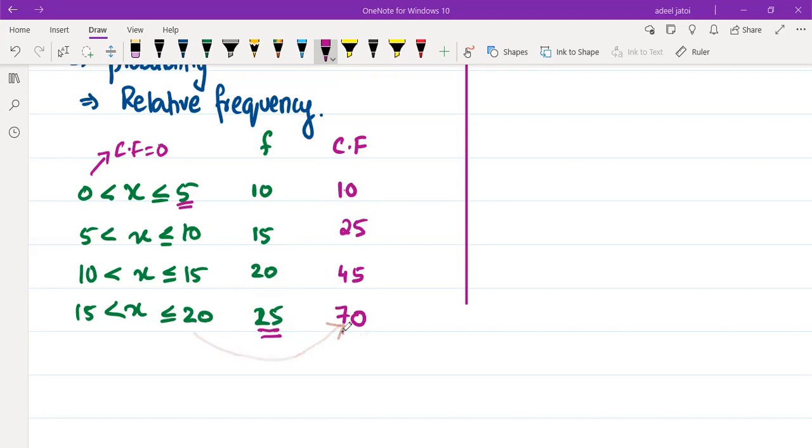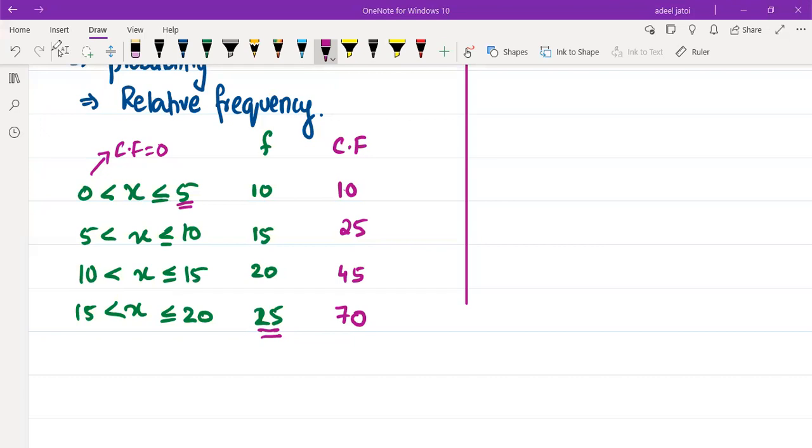So that means cumulative frequency is basically the sum of frequency after each class. That means the total frequency at that particular end of the class width value. Suppose this class width ends at 5, this class width ends at 10, this class width ends at 15, this class width ends at 20.